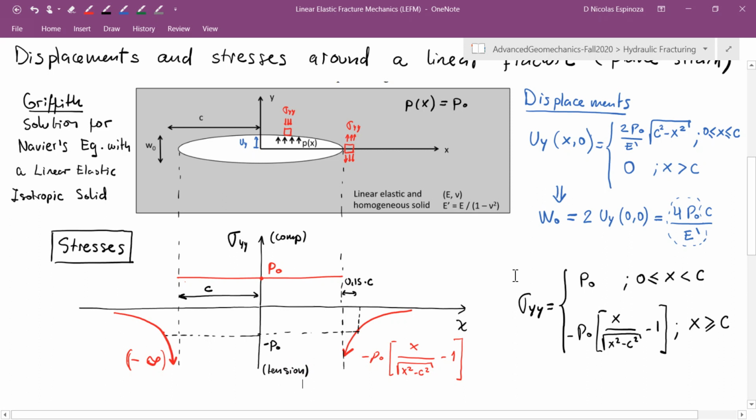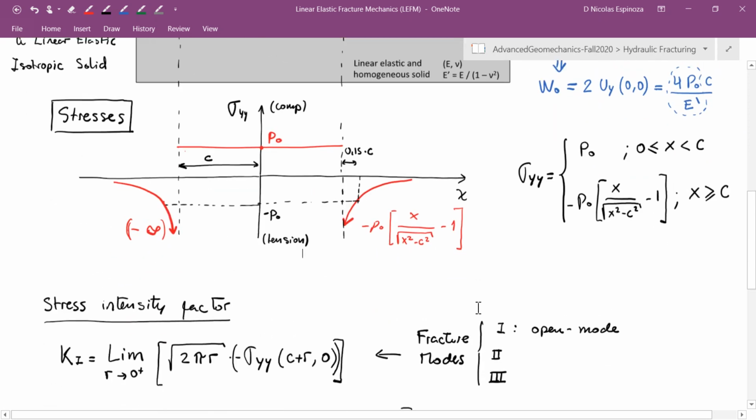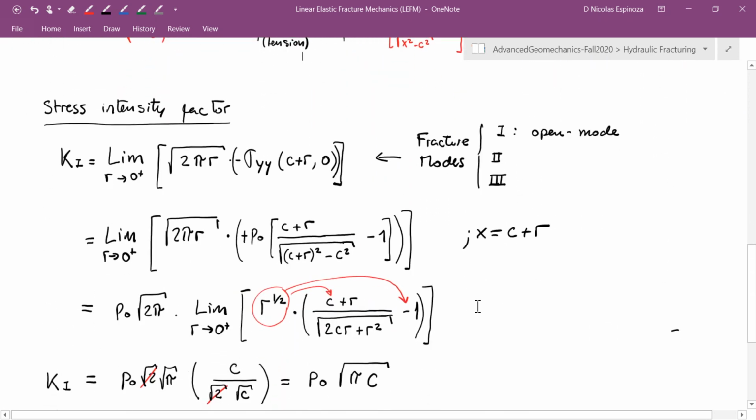All right. Let's see how we solve this problem of having a stress that tends to infinity at the tip of the fracture, and how we can develop a criterion to see if the fracture is going to propagate or not. In order to do this, we're going to appeal to what is called the stress intensity factor.